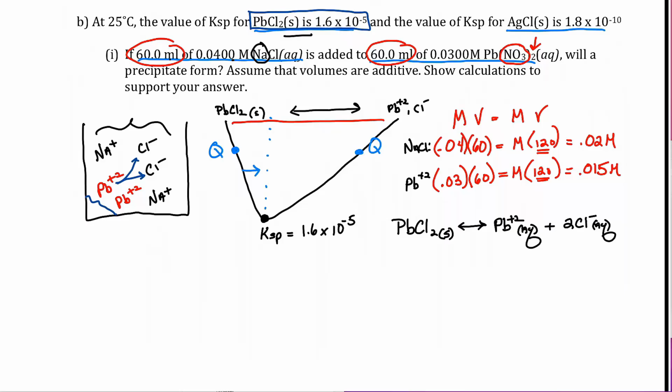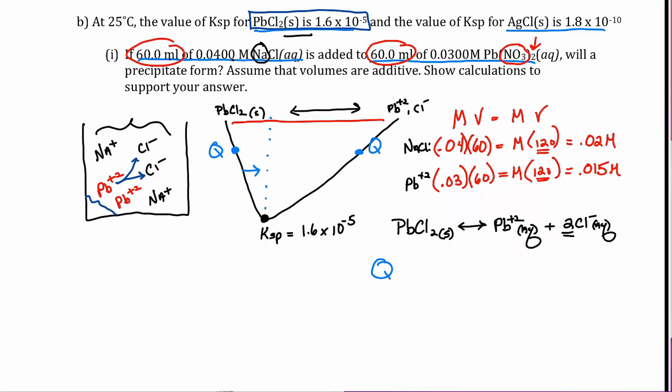Okay, good times there. Now, how does this help me? Well, now I see this little 2 here. I need to write a Q value. Now, the Q equation is the same as the KSP or K: it's products over reactants, coefficients become exponents, and solids and liquids do not apply.